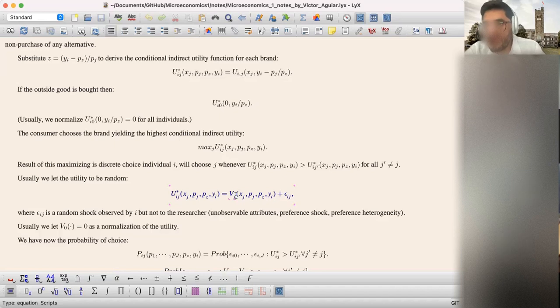So instead, by adding this epsilon, I'm going to try to focus on a population quantity: the shares of the population, the fraction of the population that is going to pick alternative J. With epsilon, the thing that I'm trying to model is not individual choice, the choice of Victor.